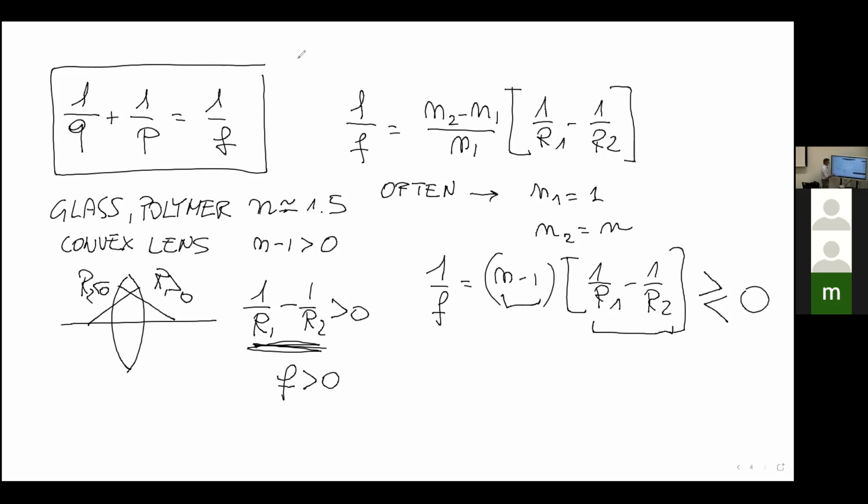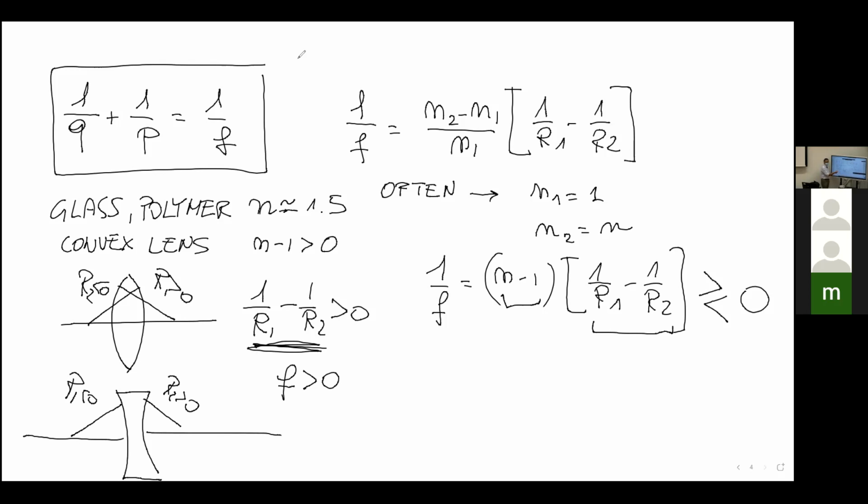Okay? On the other hand, if you have a lens like this, with two curved surfaces like this, then how is R1? It's negative. How is R2? Positive.